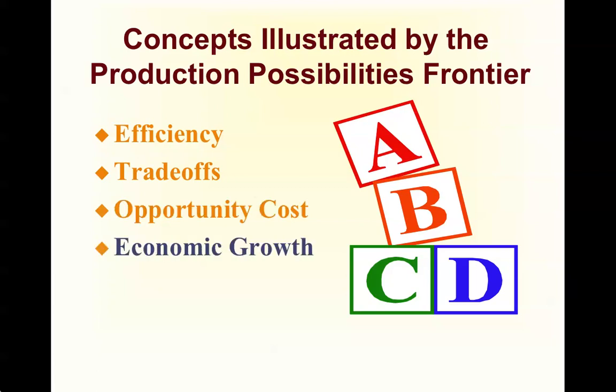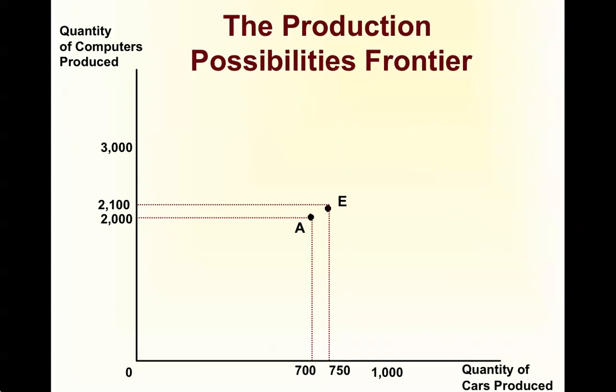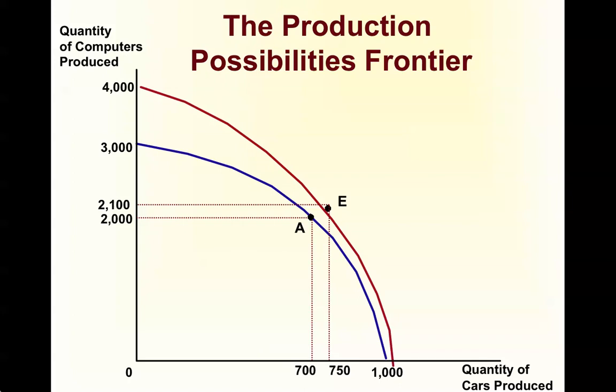Economic growth. This is a change that affects both things, that enables you to produce more of two things. Let's see economic growth right now. Here's the first line, and here's the second line.